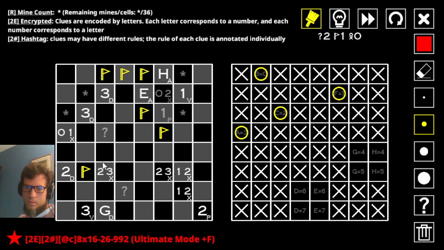Okay, no, that doesn't work. 2 deviation. I know, that's just, could be like any of them. And then this happens, and we have that, and H over here, right, okay.